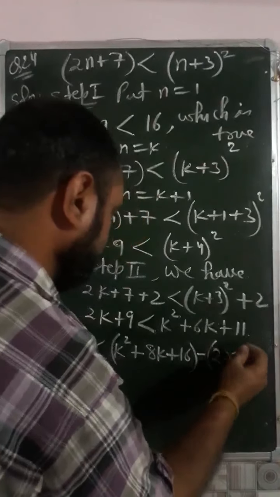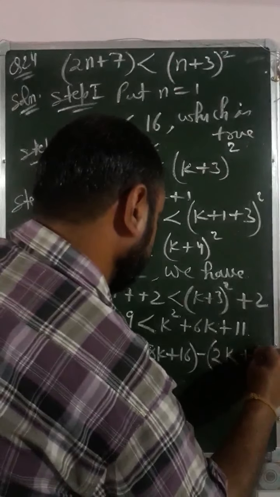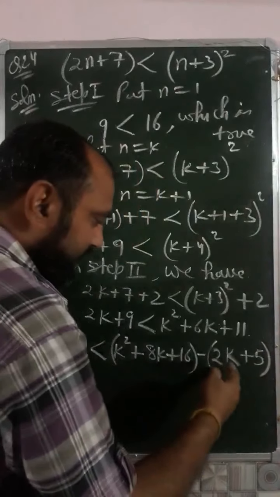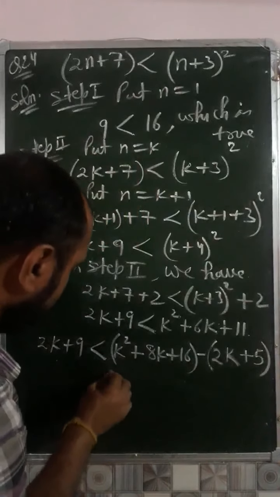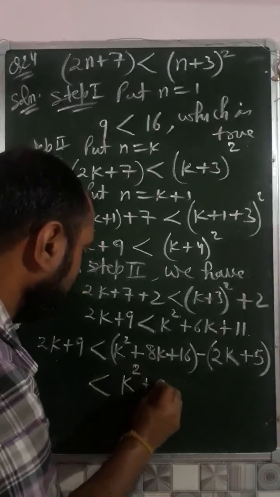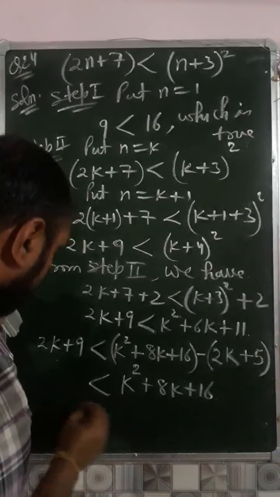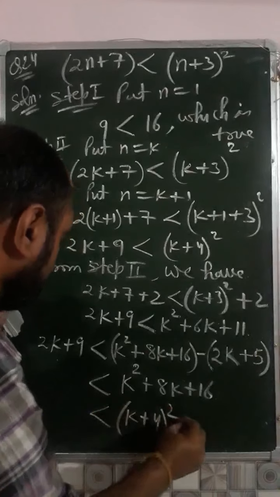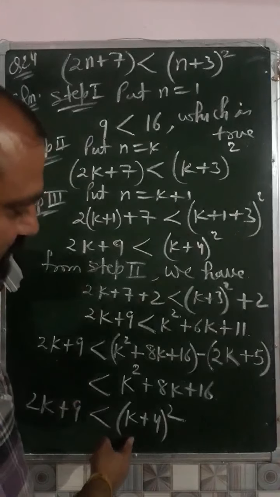This is 2k and this is 5, राइट. सो किसी नंबर में कोई पॉजिटिव नंबर हम सब्ट्रैक्ट करेंगे तो वो नंबर ऑब्वियसली लेस देन दैट नंबर होगा. तो we can write this as k square plus 8k plus 16, right. So therefore ये वैल्यू आपके पास आ जाएगी (k plus 4) whole square. So this is the left hand side 2k plus 9 and this is the right hand side.